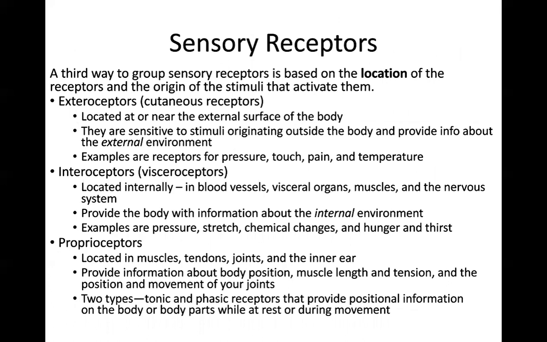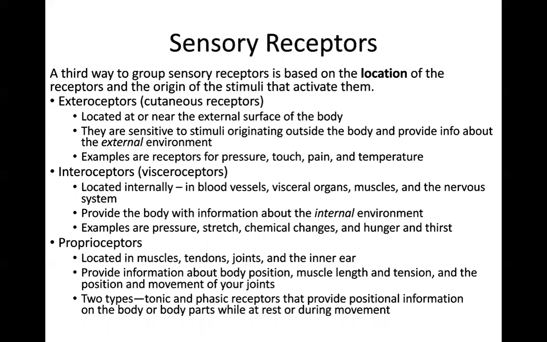A third way to group sensory receptors is based on their location, specifically the location of the receptors and the origin of the stimuli that activate them. There's what we call exteroceptors. Think extero for exterior, which is where they're at, either near or at the exterior of our body. What's the most obvious external part of our body?